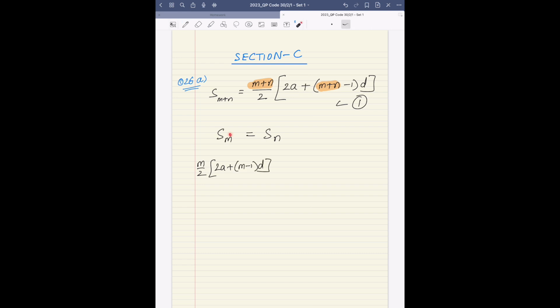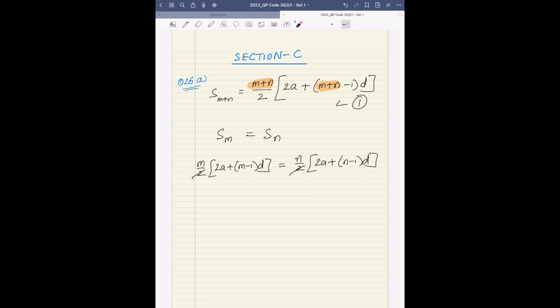Make sure you don't make a mistake, this is m, so you need to replace n with m. This is your standard, n by 2 bracket 2a plus n minus 1 times d. Cancel whatever is being cancelled. So this 2 and this 2 will cancel out, right? Nothing else gets cancelled because you have m outside and n here, and the rest is in a single bracket, which is not the same.